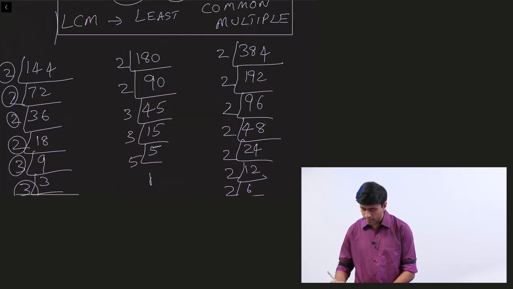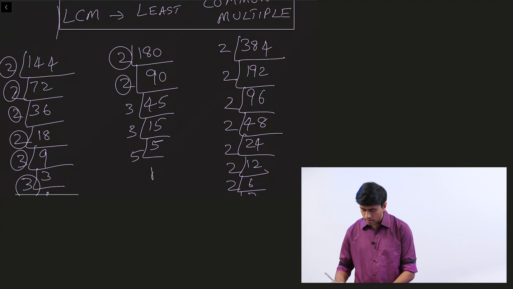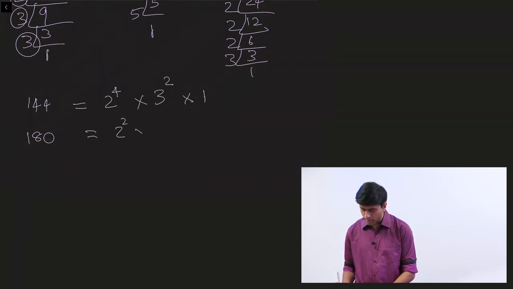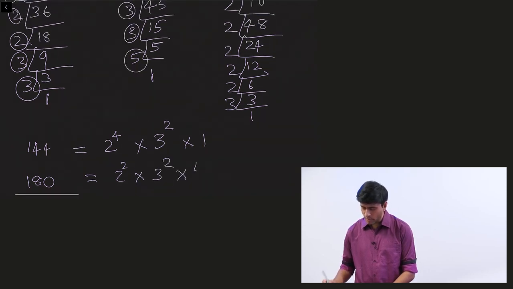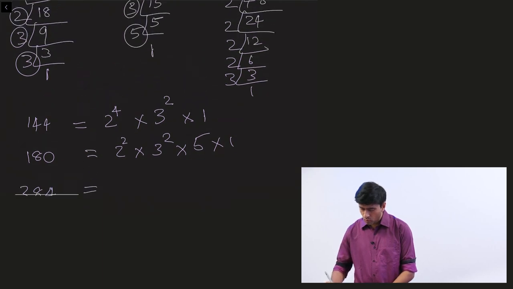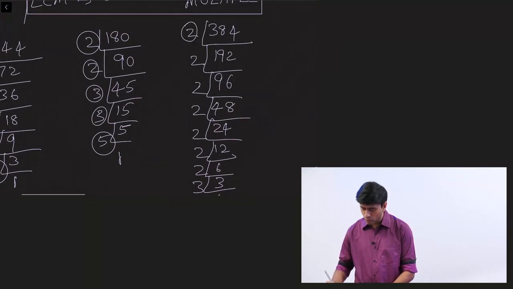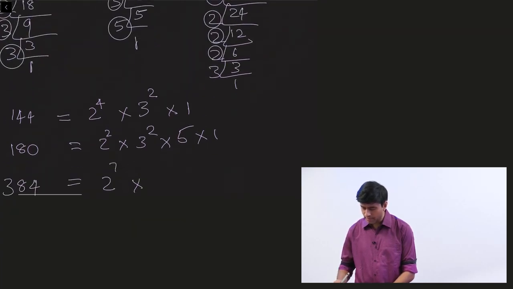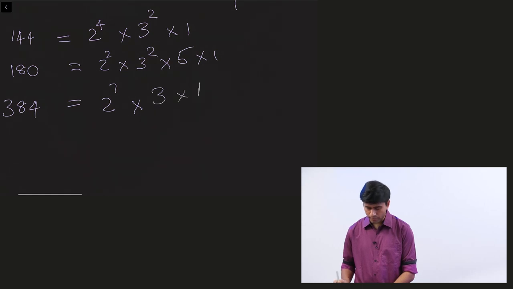The prime factors are 2 2's and 2 3's, so that is 2 square into 3 square into 5. What about 384? It has 1 2 3 4 5 6 7 2's, so it is 2 to the power of 7. And how many 3's? 1 three.